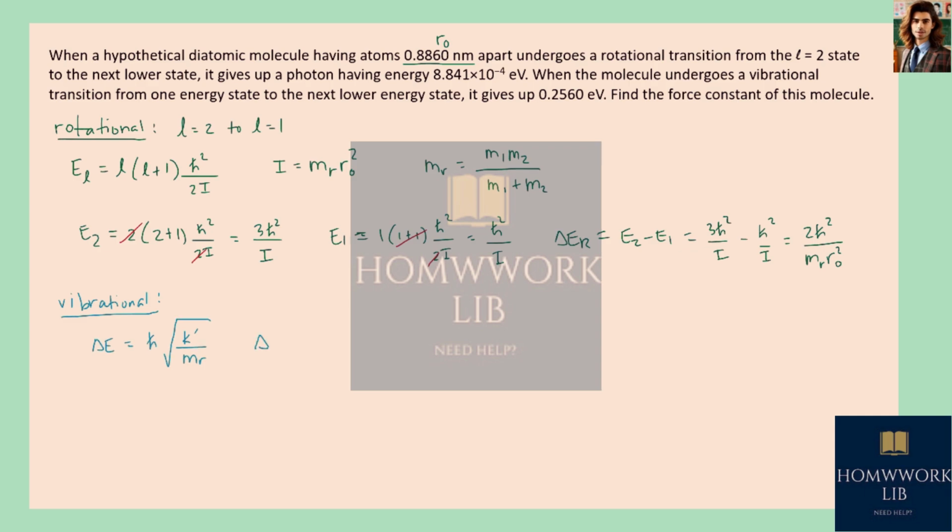So I'm going to go ahead and square both sides. And delta E squared equals h bar squared times K prime over mr.